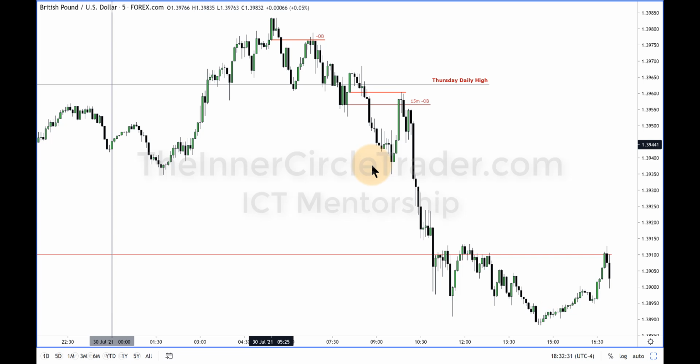In the 5-minute chart, you can see we've had price rally up after sweeping Thursday's high here. So we have the sweep, breakdown. This is the short-term low right here. Runs right back up into the bearish order block there. Last up close candle.